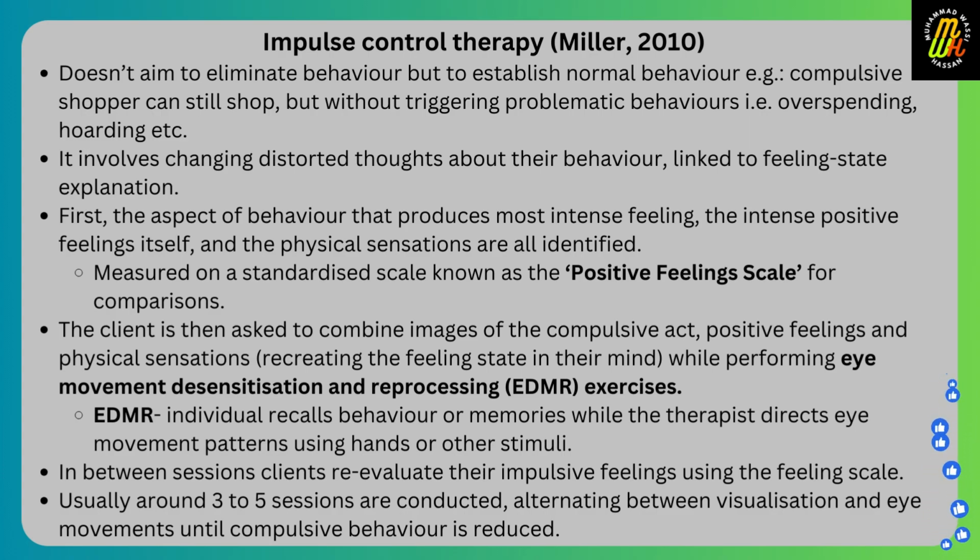In between sessions, clients reevaluate their impulsive feelings using the feeling scale. Usually around 3 to 5 sessions are conducted, alternating between visualization and eye movements until compulsive behavior is reduced.